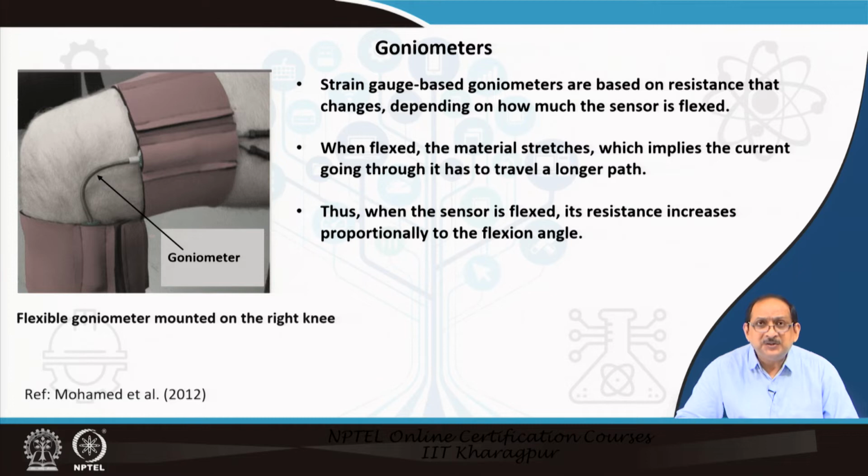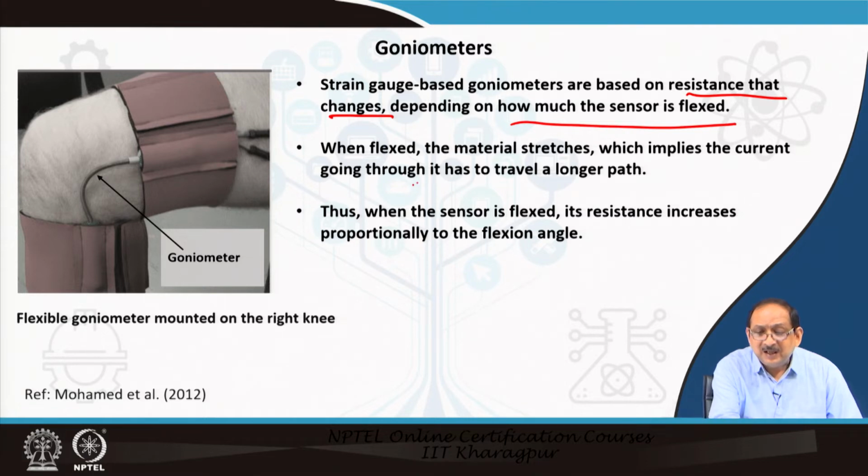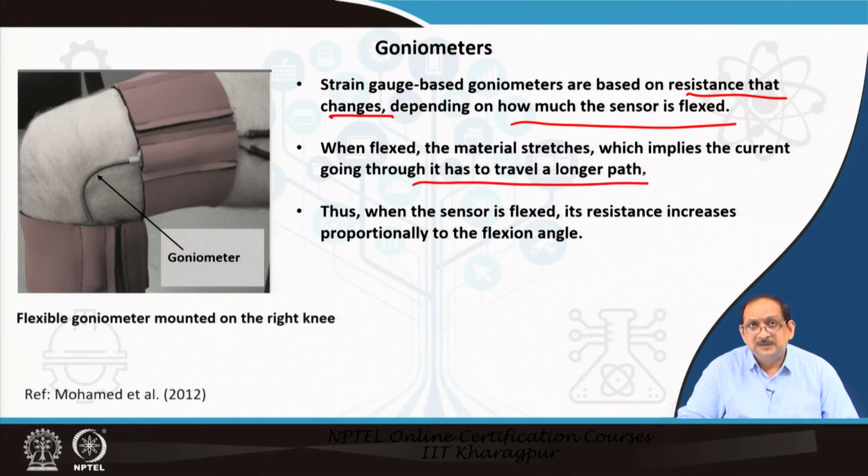Now, goniometers are used to measure joint angles. Strain gauge based goniometers are based on resistance that changes depending on how much the sensor is flexed. So, when it is flexed, the material stretches, which implies the current going through it has to travel a longer path.